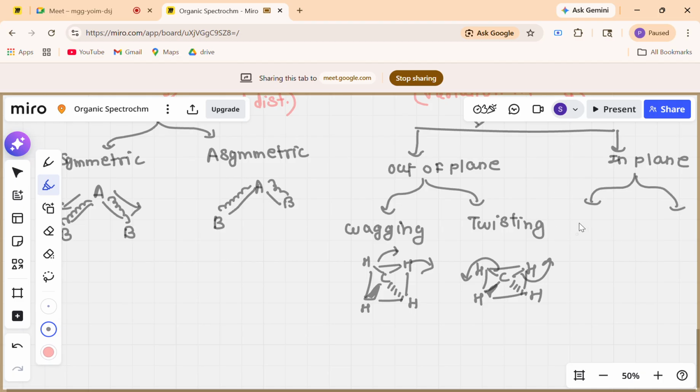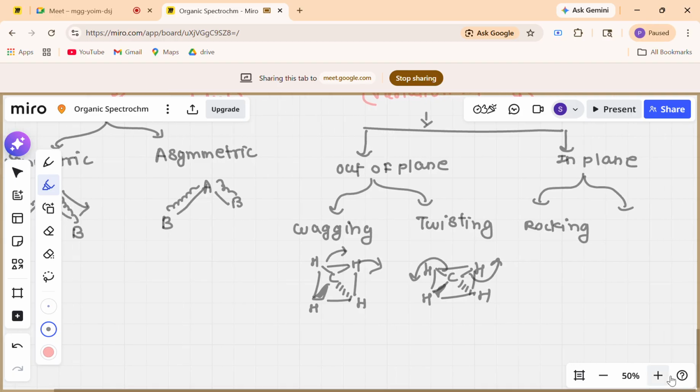Okay. Whereas when we are talking about in plane bending, it can be rocking and scissoring.